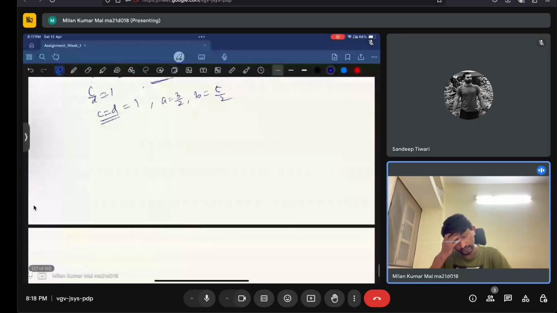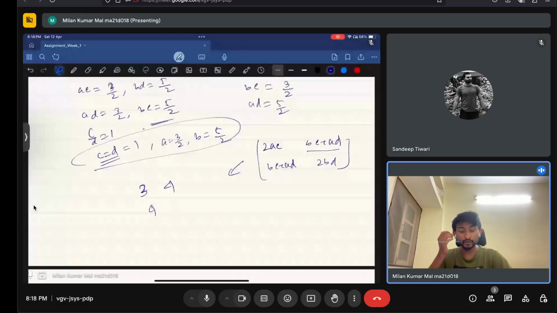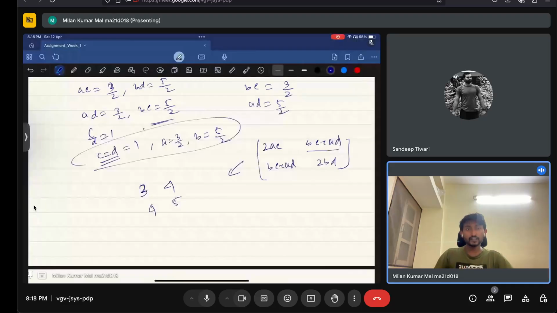Now here B is 5 by 2, C is 1, A is 3 by 2, D is 1, 5 by 2 plus 3 by 2, that is 4. Similarly this is 4. So the fourth option is correct, and whenever the fourth option is correct, you obviously need some work, because people will not believe that it is correct. That's why the fourth option is correct here, right?